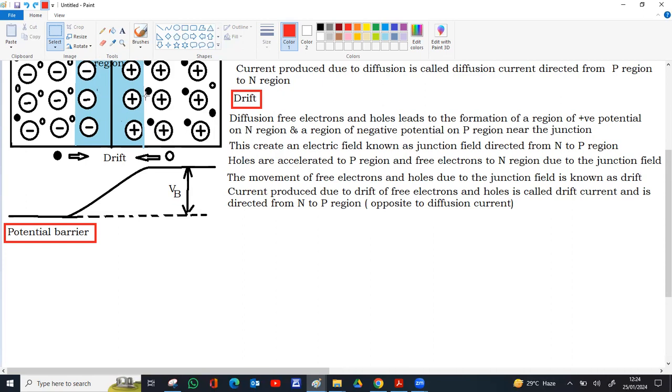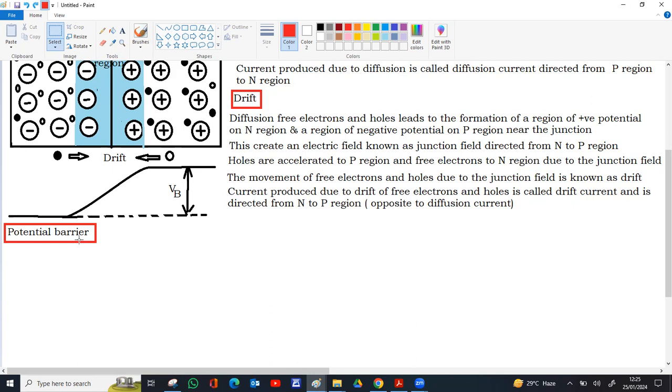The rest of the electrons are stopped from entering because of the negative ions, and the positively charged holes get repelled by the positive ions, so they also stop from entering the N region. So this potential difference formed due to diffusion acts as a barrier against further free electron-hole recombination. That's called the potential barrier.